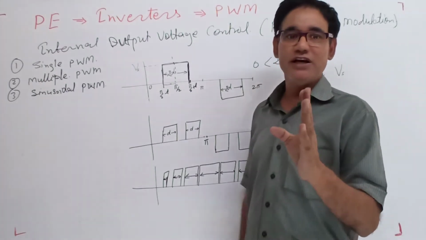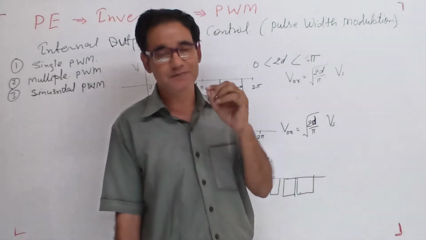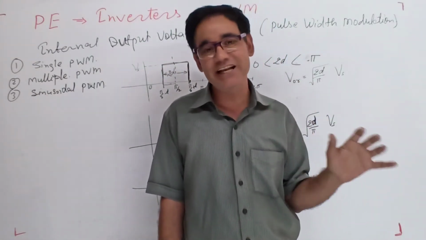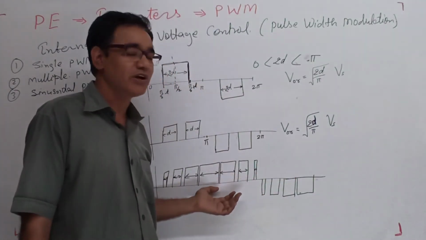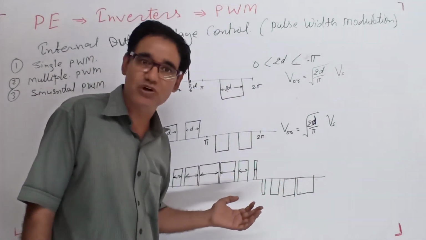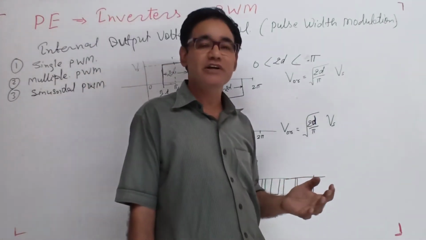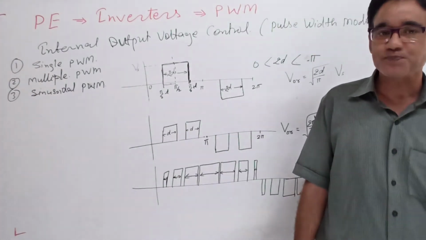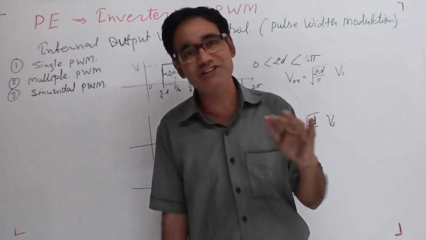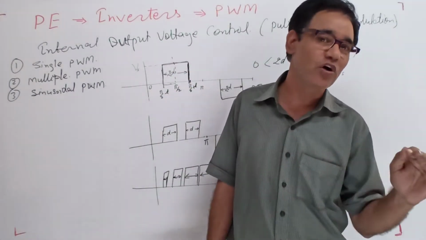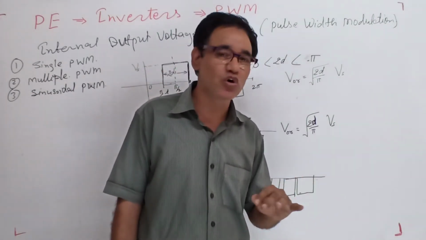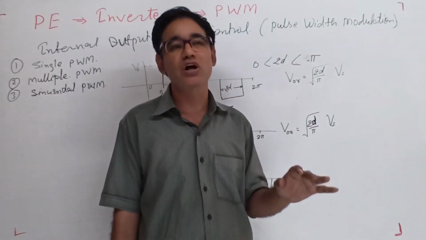They are good self-commutating switches, so no additional circuitry is required and they can easily commutate. In multi-pulse width modulation and sinusoidal pulse width modulation, we provide reference signals to the base, and as per the variation of the base signals, they will be on and off. Therefore, it is a very easy and good method to control them.